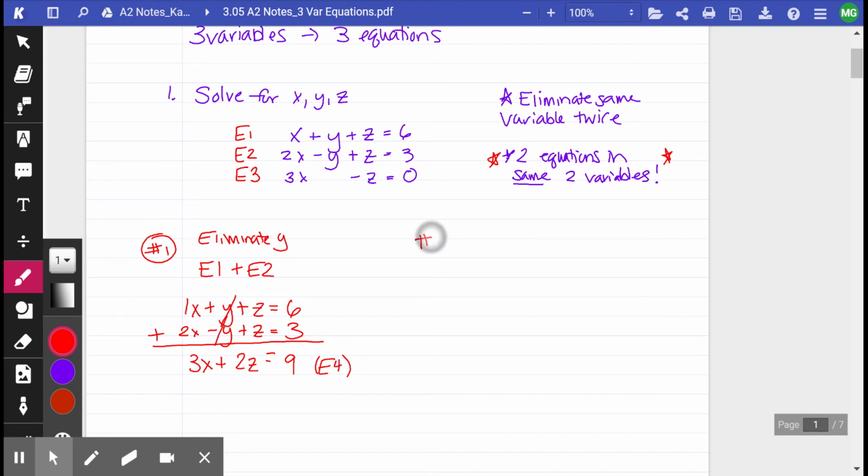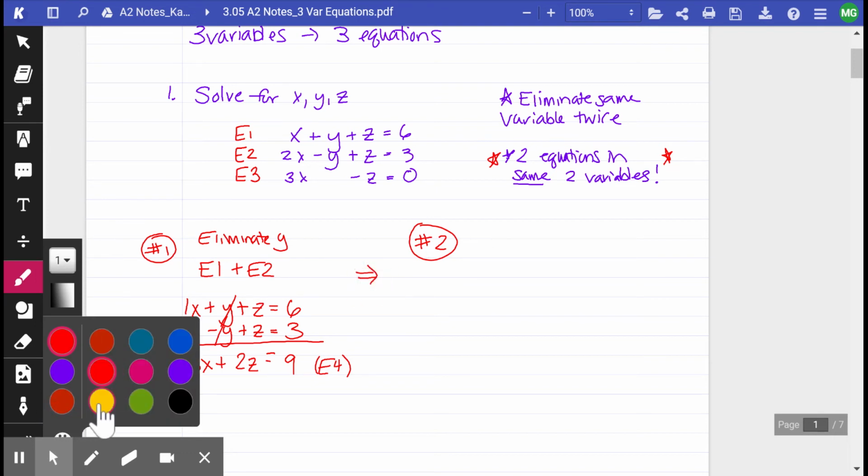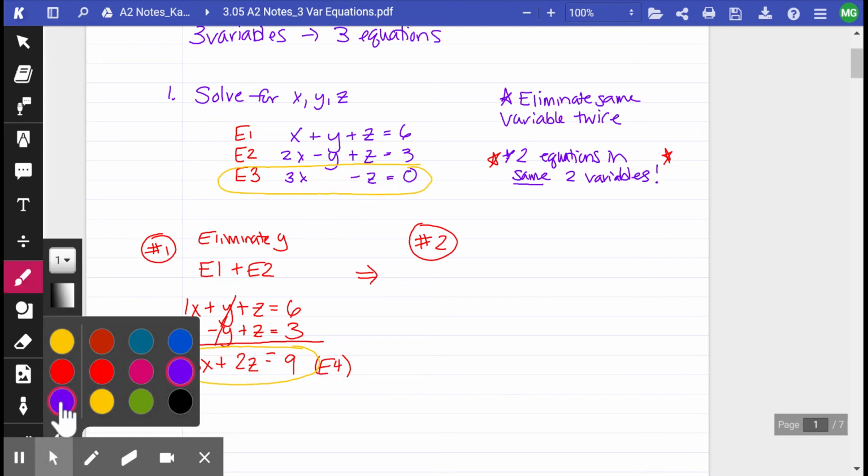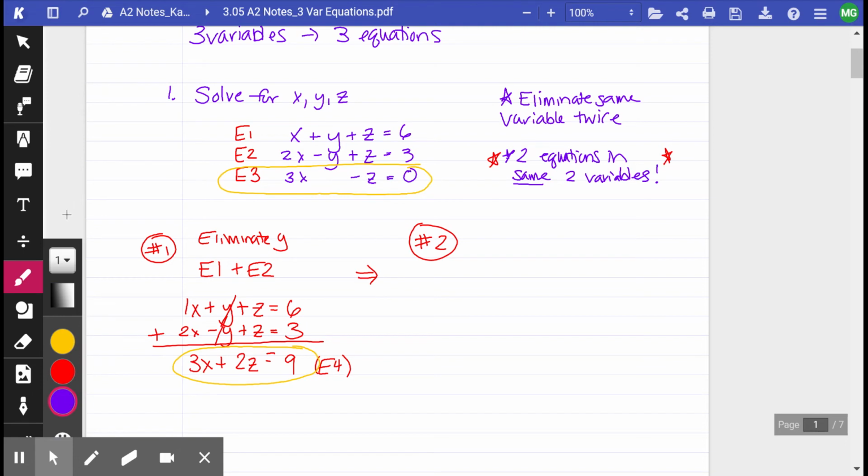Okay, now step 2. I have another equation in x and z, so I have two equations in the same two variables.